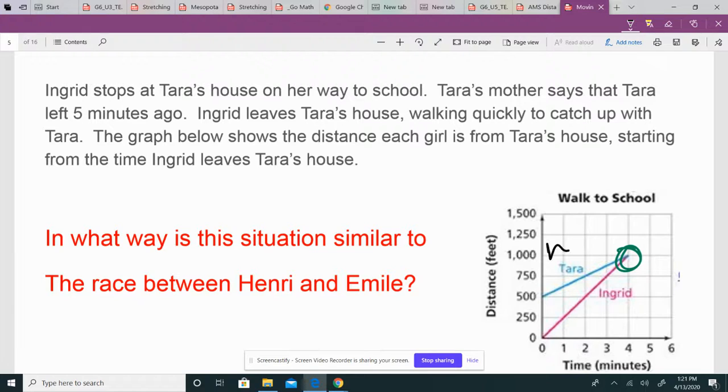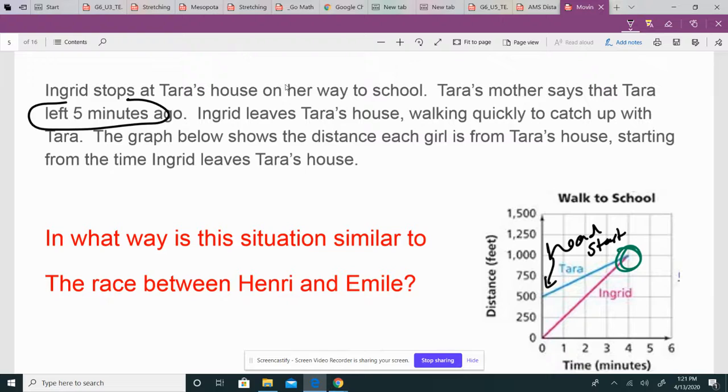So Tara's head start is symbolized by this right here. We notice Tara did not begin at 0, 0. So she had a head start. Why? Because her mom told Ingrid that she left 5 minutes ago. And so in this particular case, that head start is symbolized by that 500-foot distance at point 0. That makes sense. Okay.